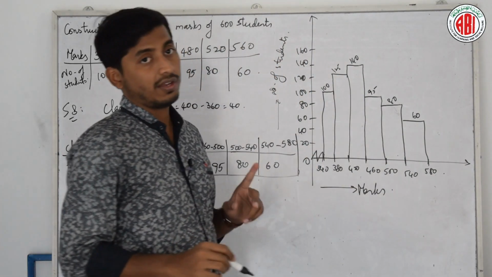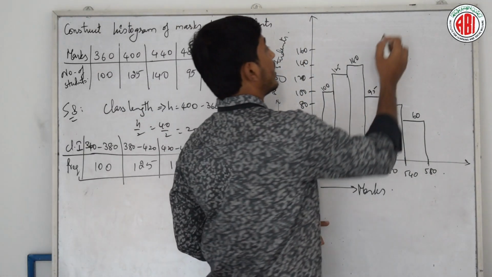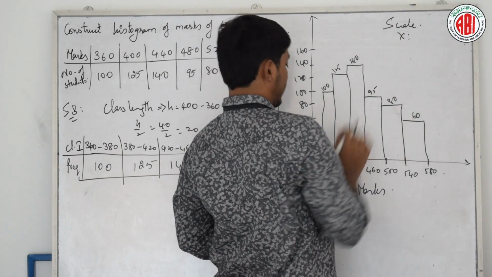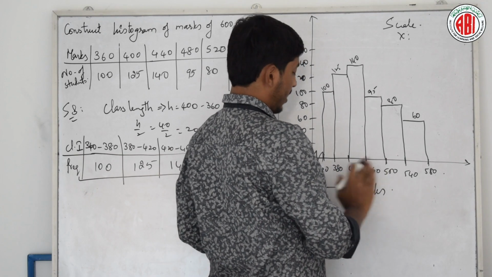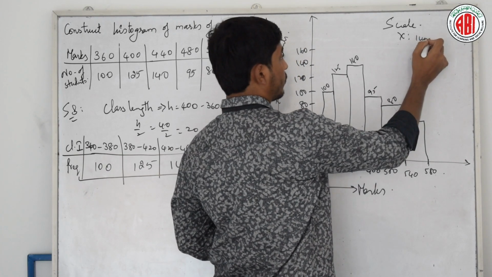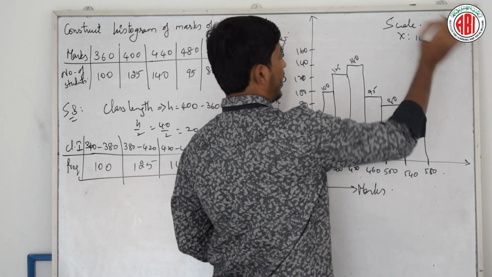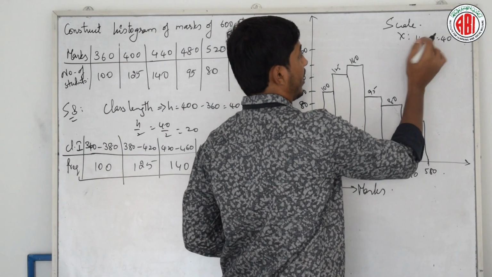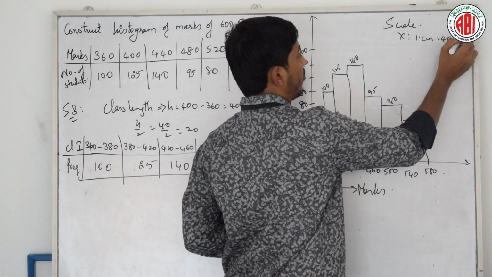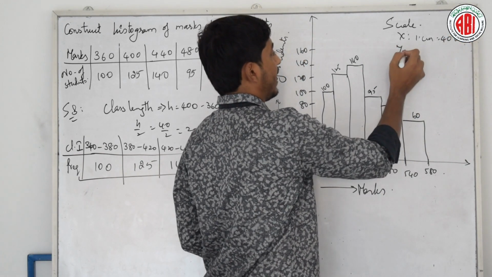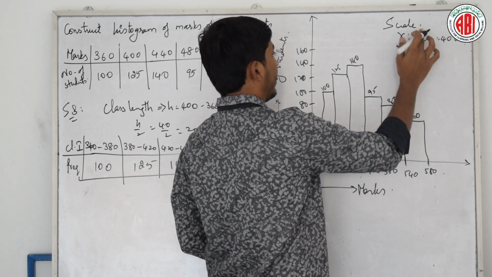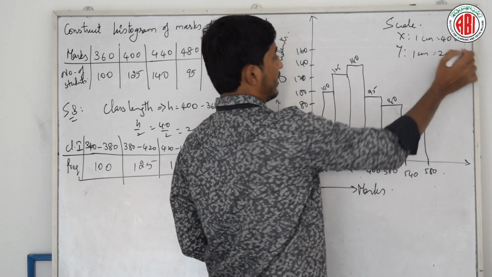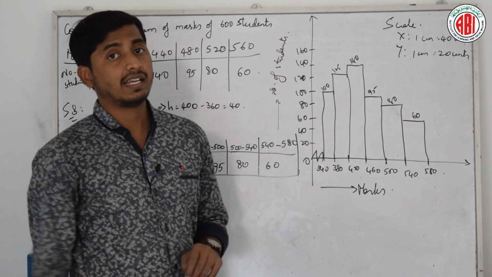And one more thing you have to represent here is the scale. On the x-axis, how much did we take? 1 unit is equal to 40. Or else you can write here 1 centimeter in our graph, 1 centimeter equal to 40 units. On the y-axis, 1 centimeter is 20 units. Is it clear?